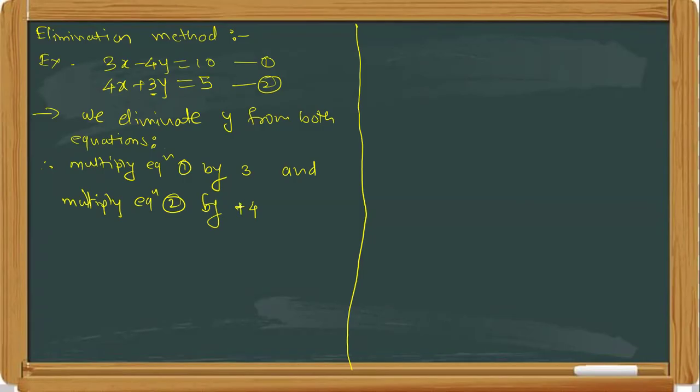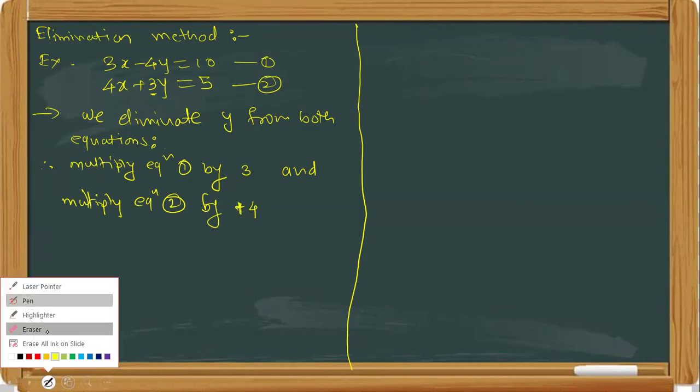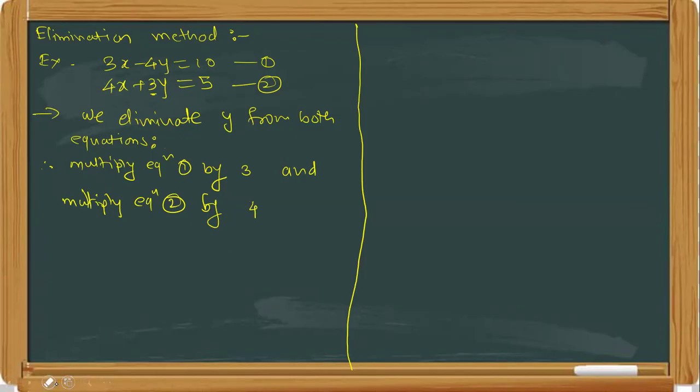Let's multiply by plus 4, not minus 4, so that it will be easier, as the alternate signs are already taken care of. So multiply equation 2 by 4.